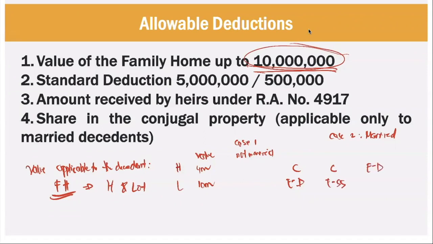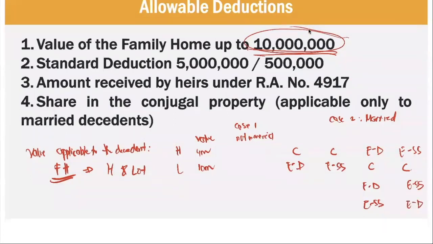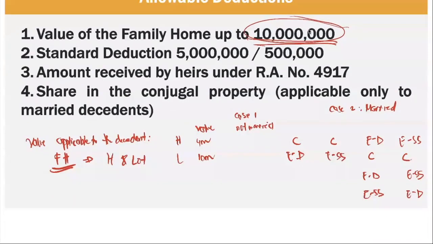House is exclusive of decedent, lot is conjugal. House is exclusive of surviving spouse, lot is conjugal. Another: house is exclusive of decedent and lot is exclusive of surviving spouse. Or lot is exclusive of surviving spouse and house is exclusive of surviving spouse, and lot is, let's say, exclusive of decedent. Okay, so those are the different cases that we will look into as to the value of the family home.